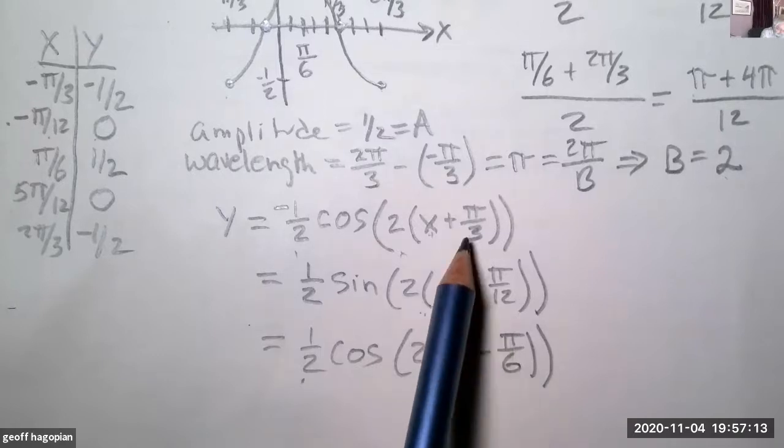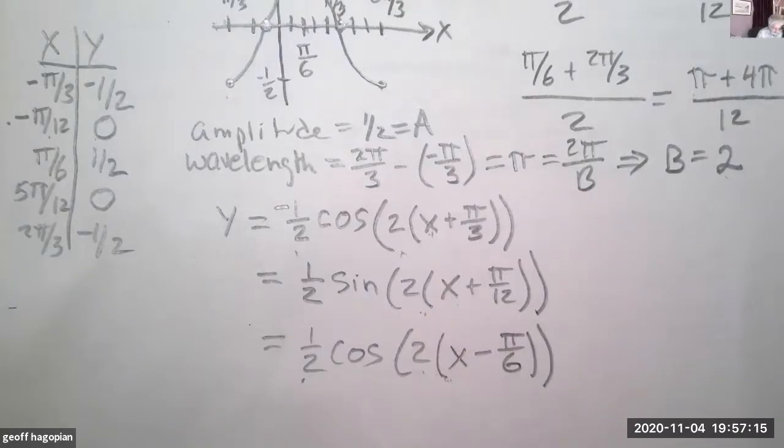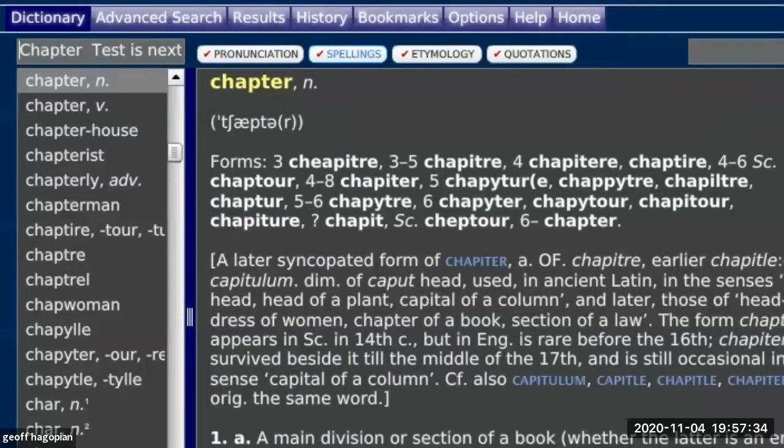Pi over 6 is 1/2 of pi over 3. And it's in the positive direction again, right? So our phase shift is to the right rather than to the left. Going to the left, that's a sinister phase shift. You don't want that. Did you know that sinister means to the left? We could go to our OED and look that up.